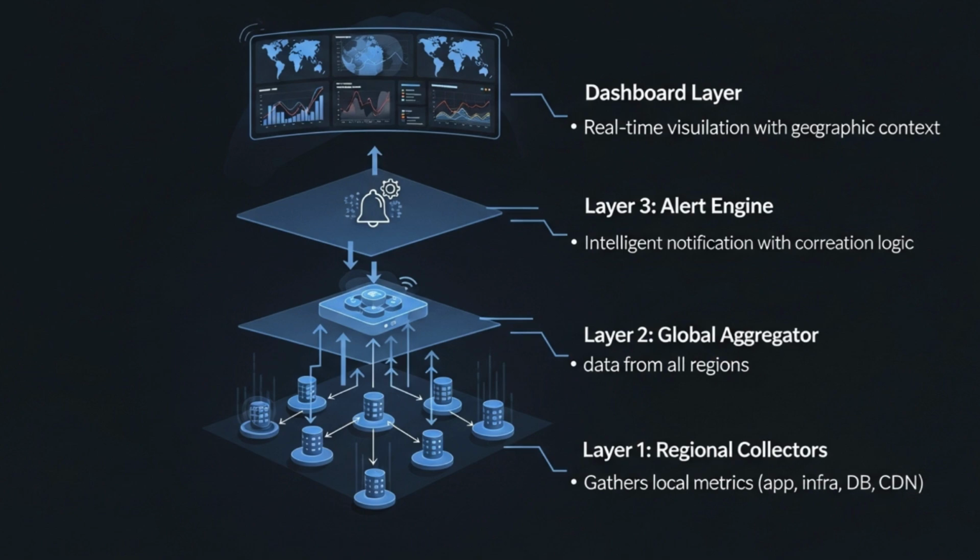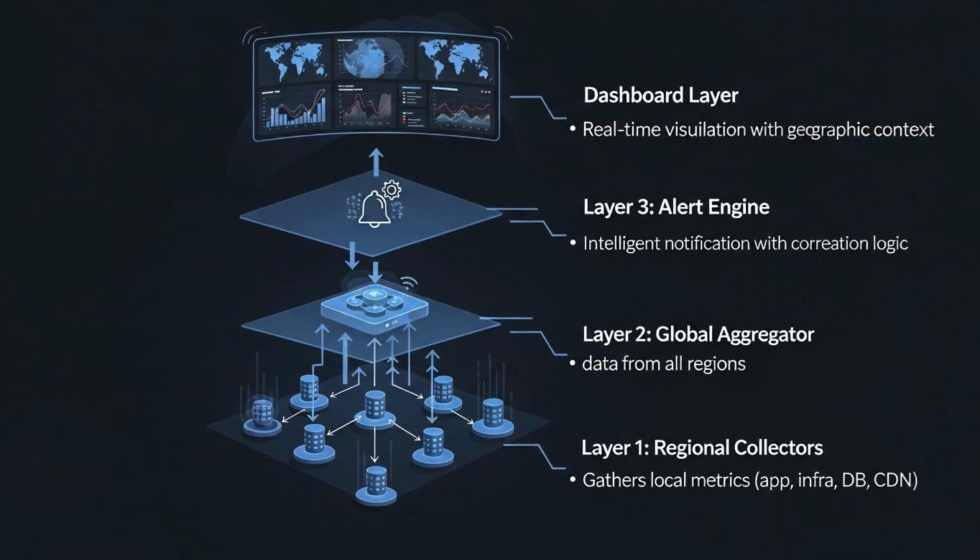Our multi-region monitoring system is built upon a robust four-layer architecture. At the foundation, we have regional collectors. These are instances like Prometheus deployed in each geographic region. Their job is to gather all local metrics: application performance, infrastructure health, database activity, and even CDN performance.